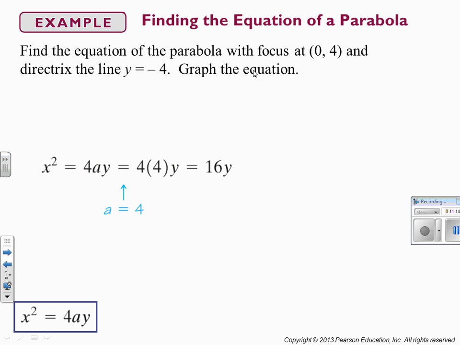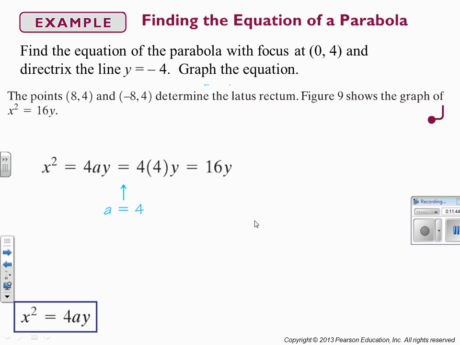So we know that it's a parabola that opens up, so we're going to pull the equation x squared = 4ay for an opening up parabola. We know that if x squared = 4ay, our a value is 4. So we put that in here, and it's x squared = 16y.